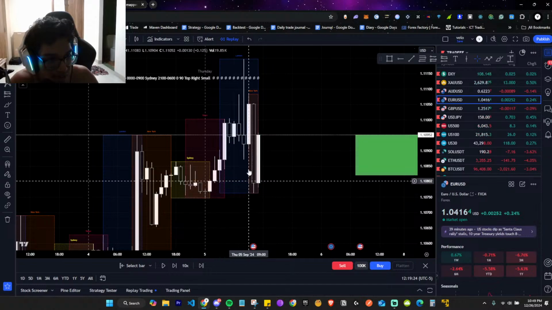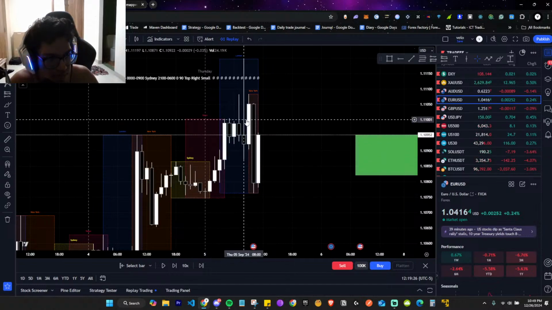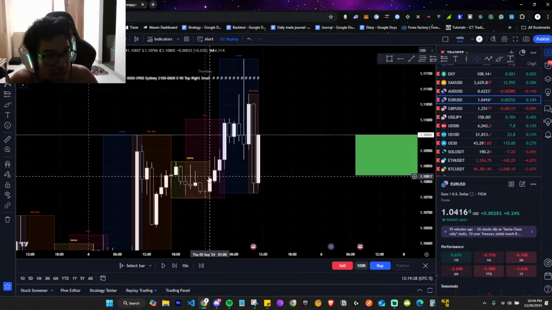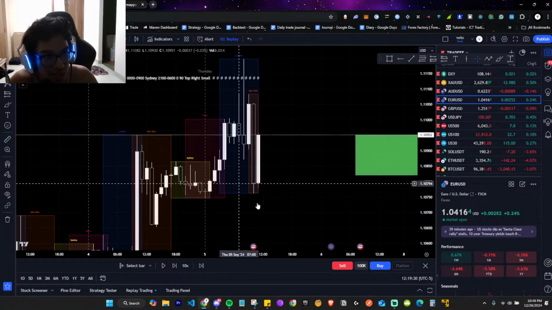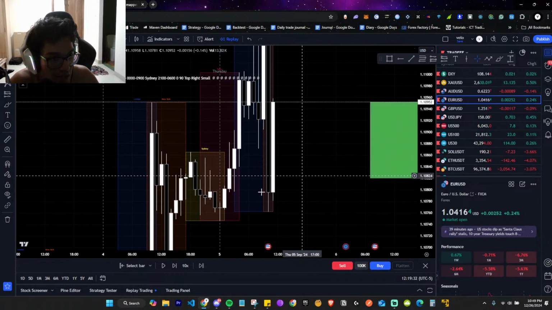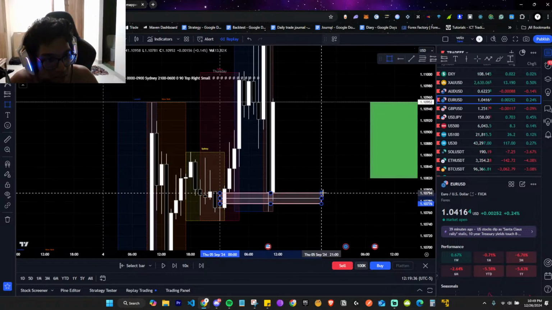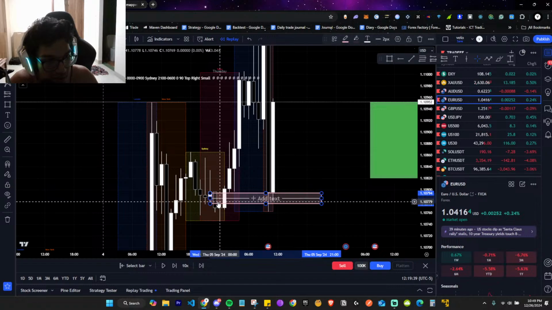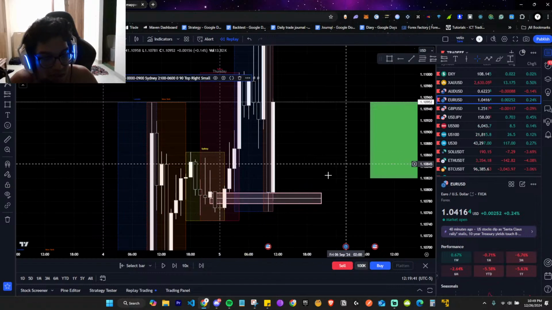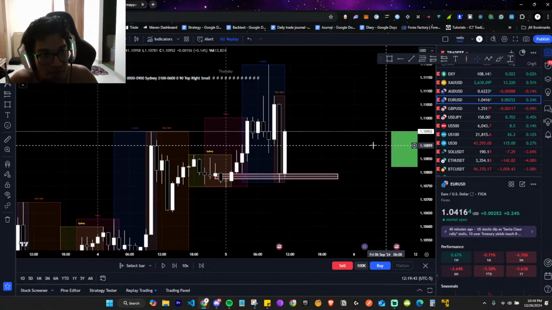We have a, this is quite a weird dealing range. This is just an inducement because there's a fair value gap right here. So it's reacting off this fair value gap, and it's a balanced price range because we have this little fair value gap, inverse value gap. We have this 2 candle rejection.